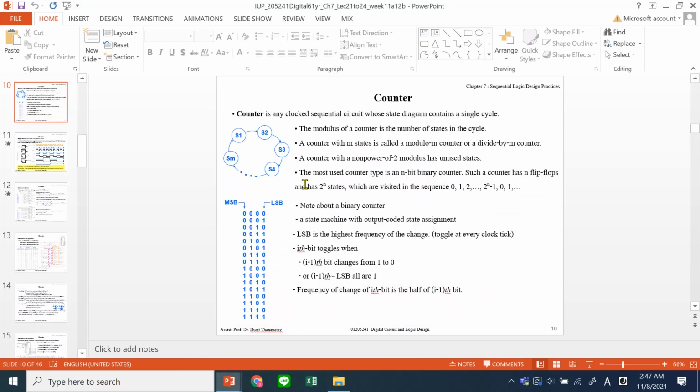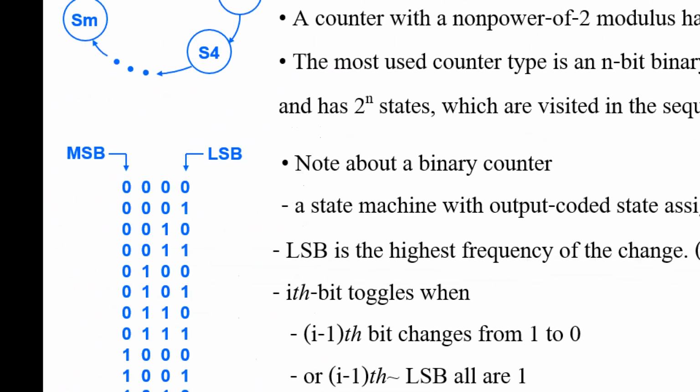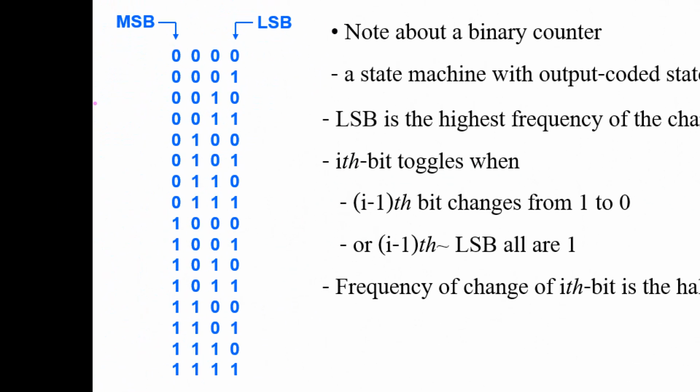For 4 bits, you count from 0000 to 1111, right?